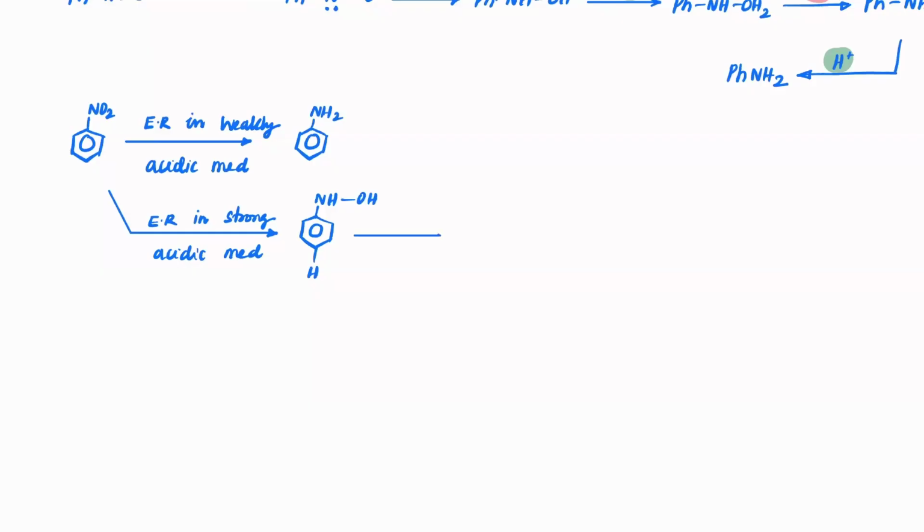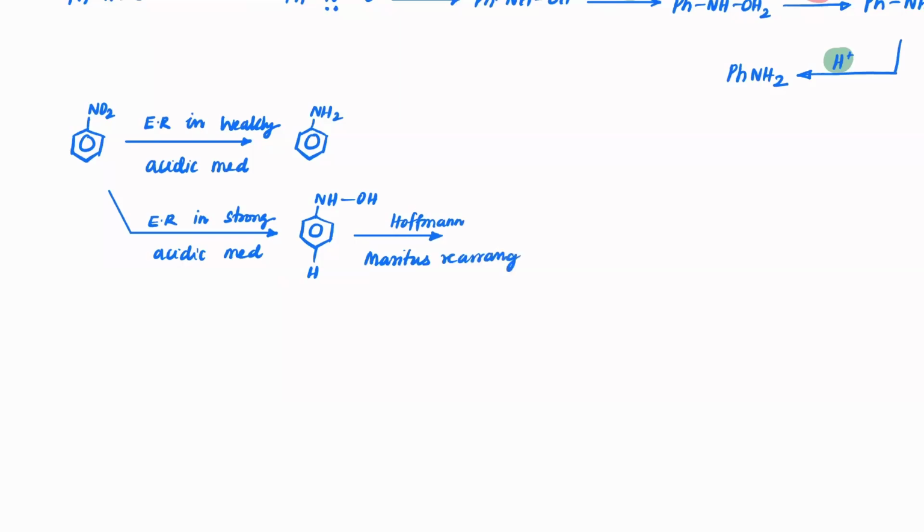This hydrogen can come here and OH can come to this position. This is called the Bamberger rearrangement.